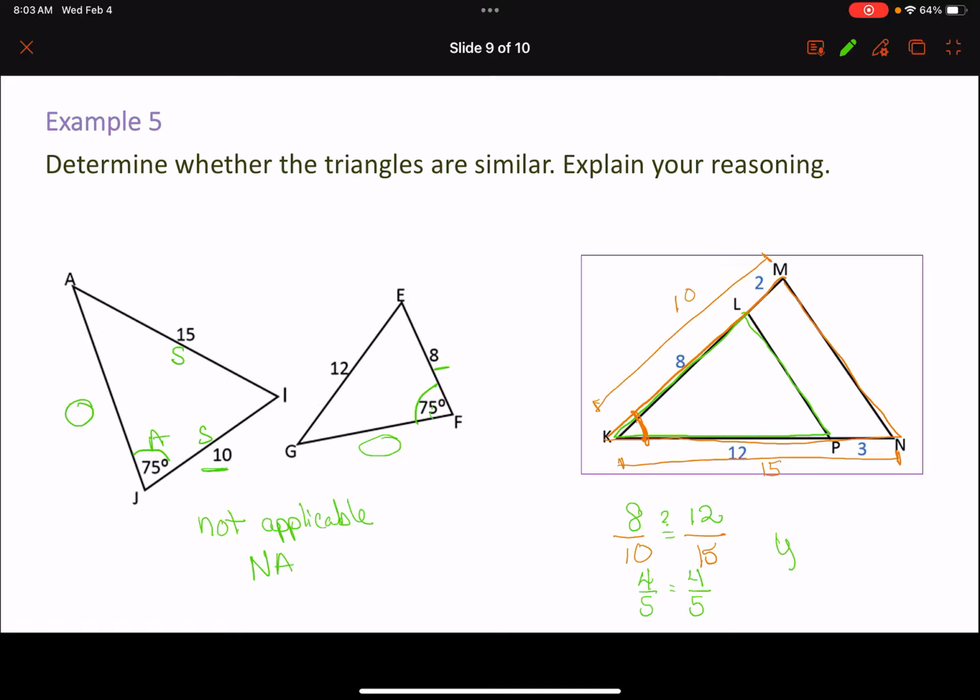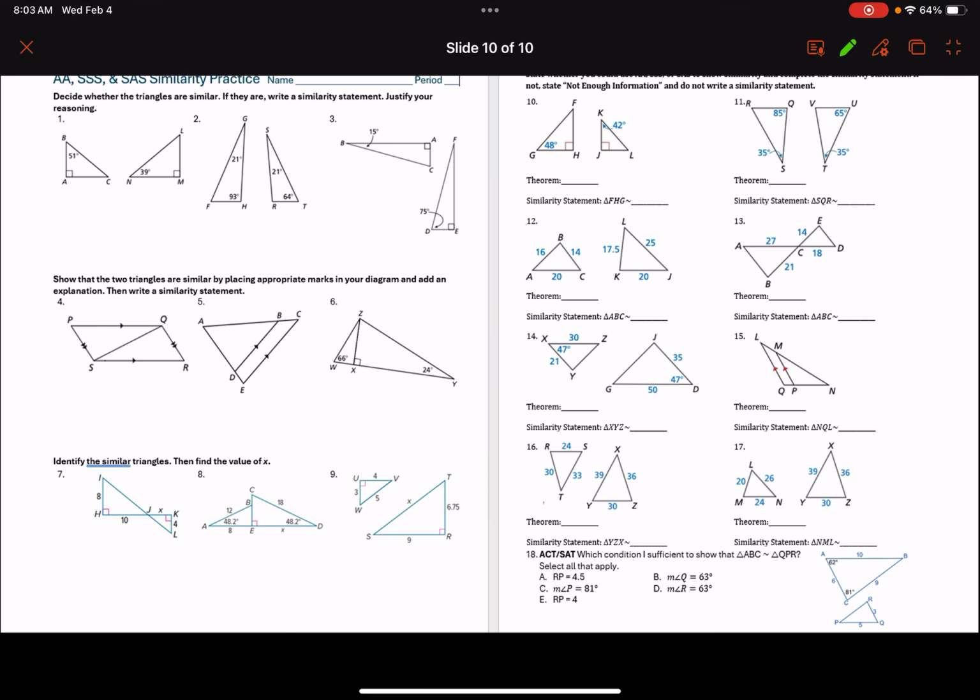So yes, we have a side-angle-side similarity situation here where triangle MKN is similar to triangle LKP. And so there is your assignment.